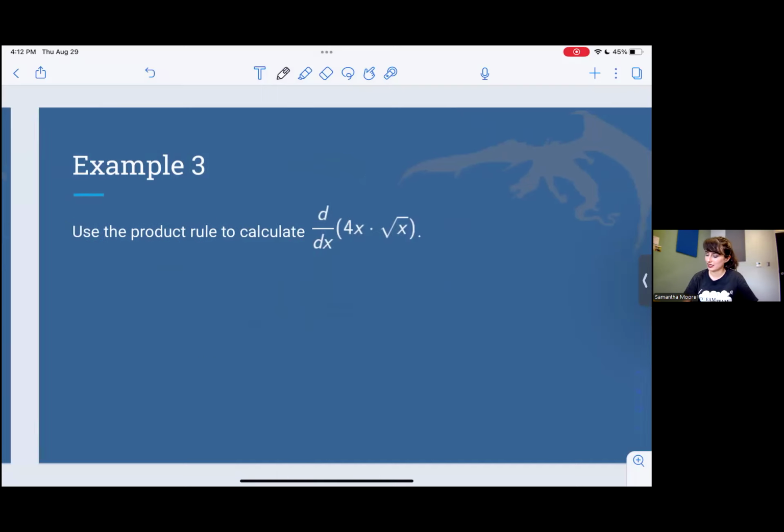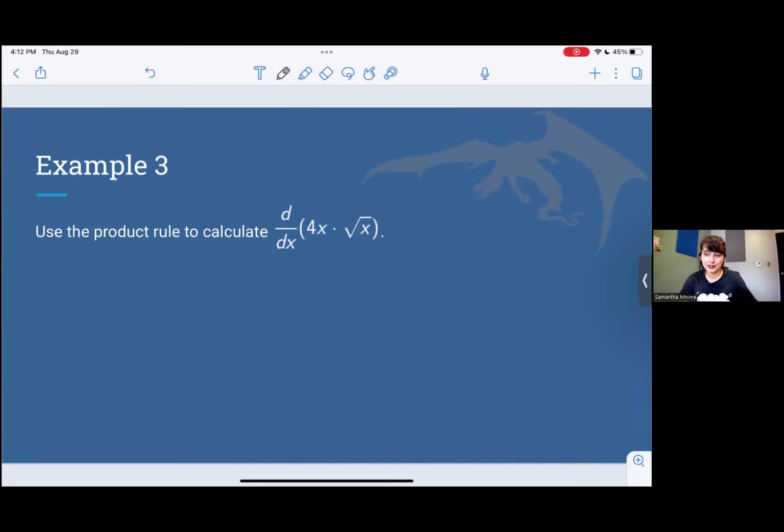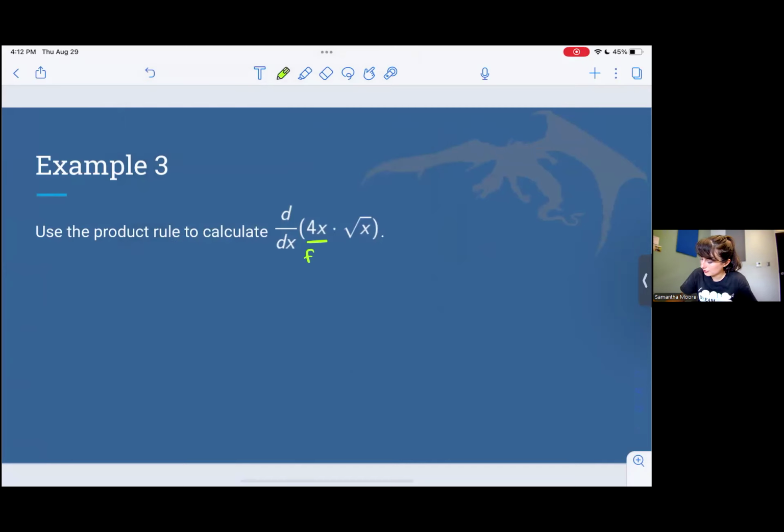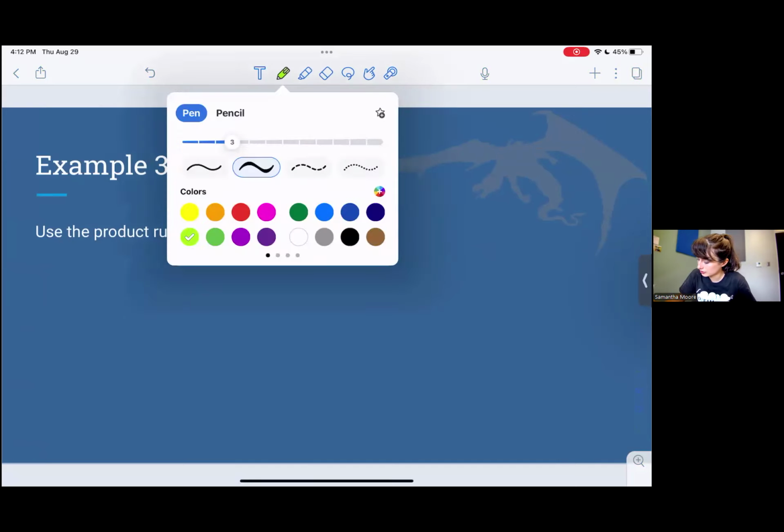Okay. So I'll do one more example and then I'll let y'all work on an example. So if I want to use the product rule to calculate the derivative of 4x times root x, again, I'm going to think about this as taking the derivative of f of x times g of x.